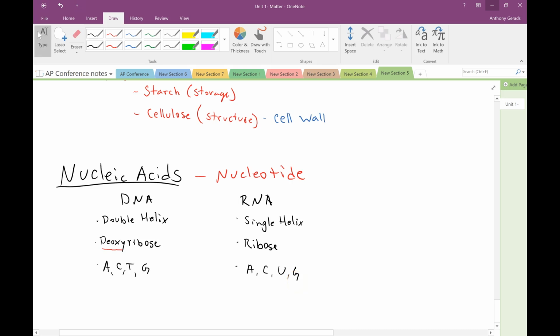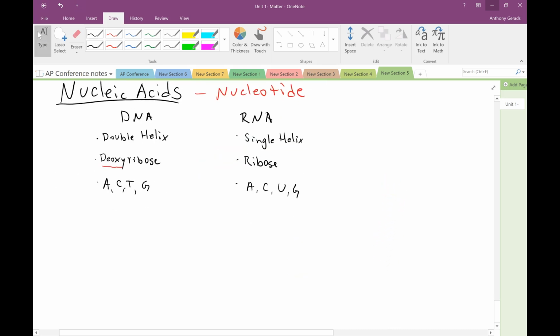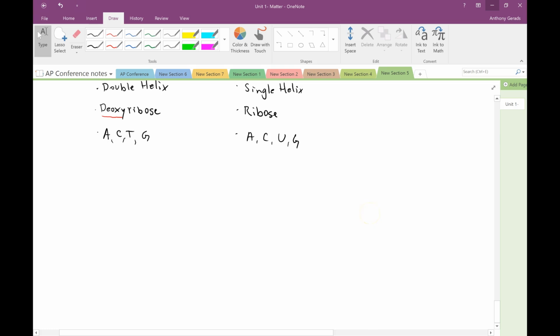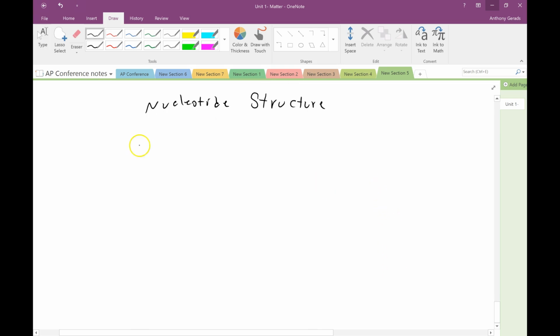Okay? And so the final thing we've got to do is draw out what this nucleotide looks like. So nucleotide structure. All nucleotides are going to have a phosphate.